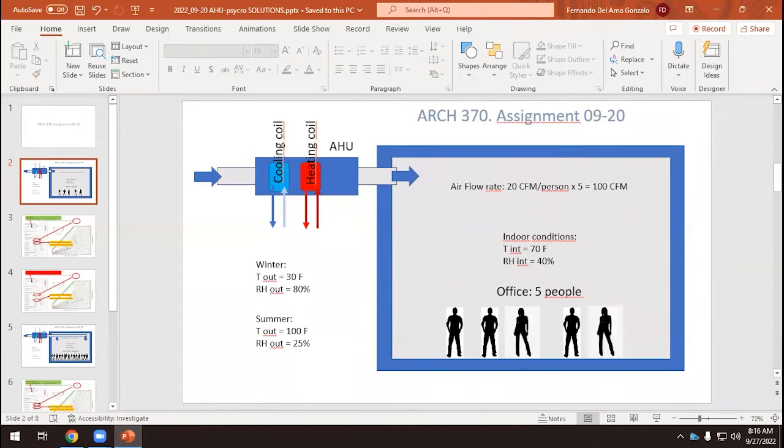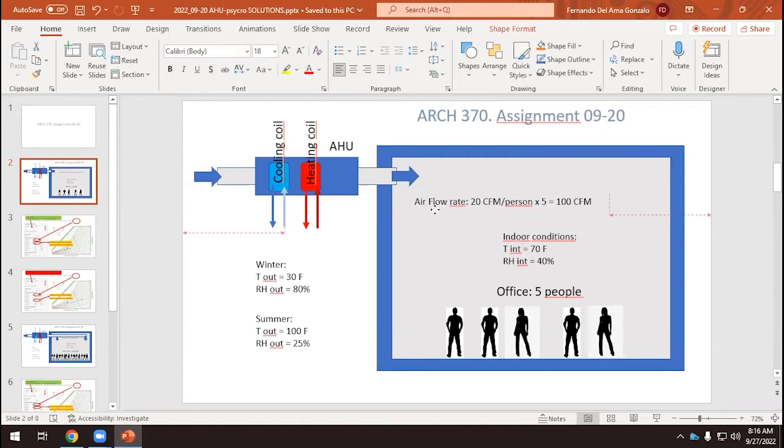So now if we have 100 CFM, we have to multiply 100 times 60 times 0.073. That's the airflow rate.